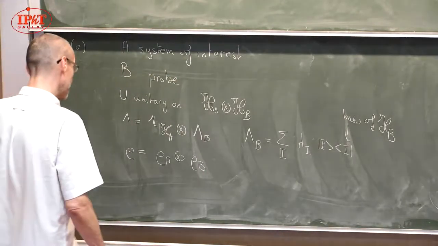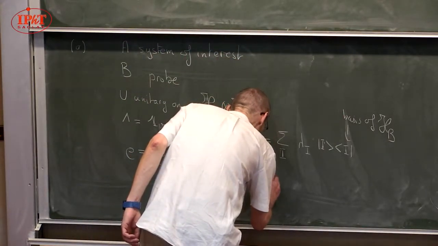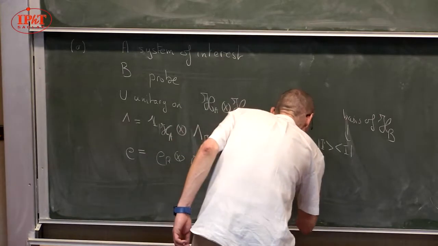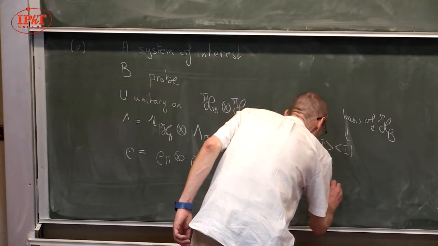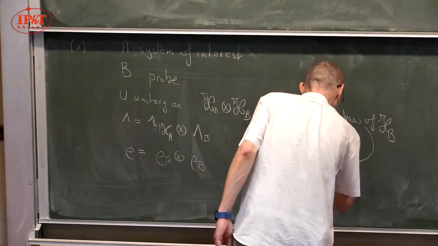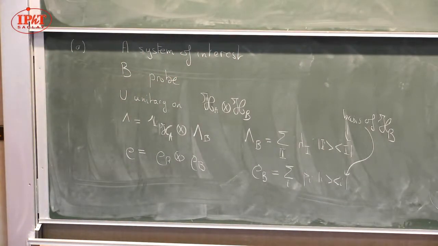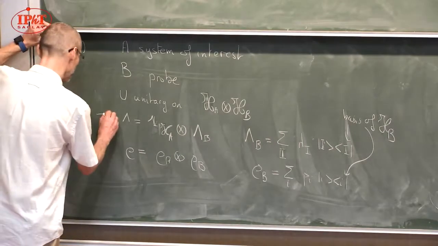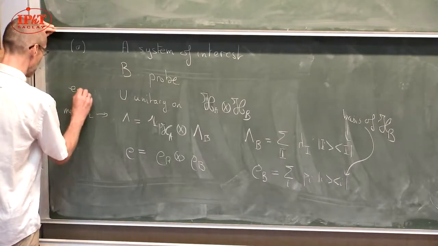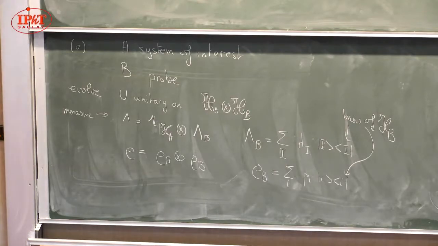And we decided to diagonalize rho_B by writing rho_B equal to the sum over j of p_j times the projector on a basis of B. Okay, so these were our ingredients. The idea was that we wanted to measure this. This was used to evolve. This was used to measure.